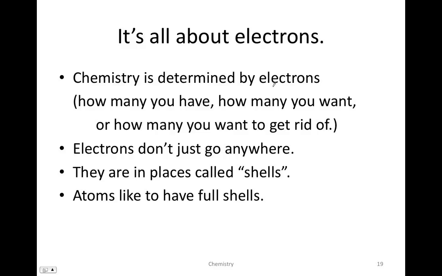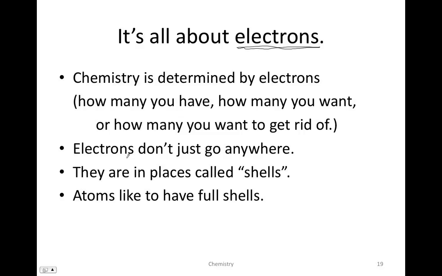So how the elements bond together is the basis of chemistry, and it's all about the electrons. The protons are what determine which element an atom is, but it's the electrons that determine how each element behaves. Chemistry is determined by the number of electrons you have and the number of electrons you might want to get or want to get rid of, speaking of you here as an atom.